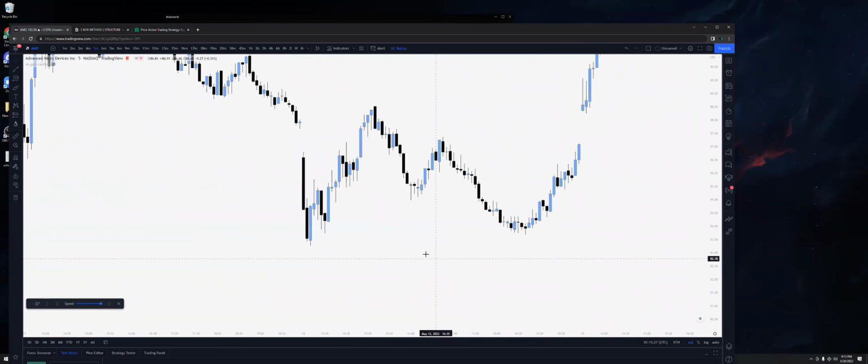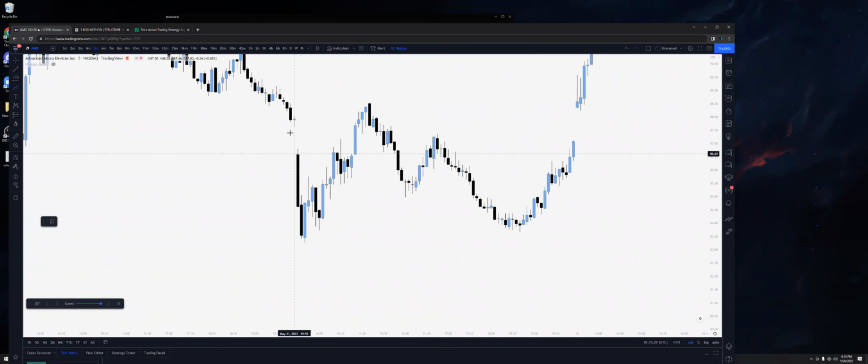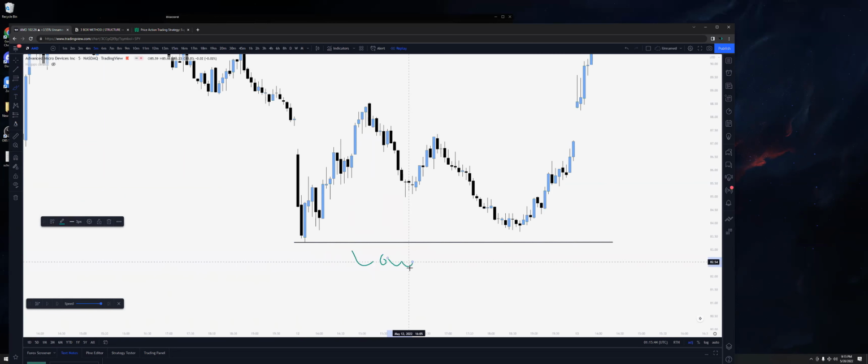So what happened here? You see how this whole thing sold off to a low. Did price ever come back into this low? Price runs up, this breaks structure.